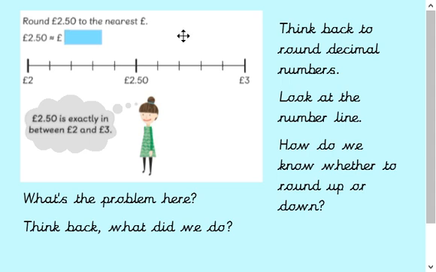But there is a problem. Have a little think about what you think the problem is. Which of these is it likely to be closer to, £2 or £3? Press pause now and think about what the problem might be. Press play when you are ready to carry on.